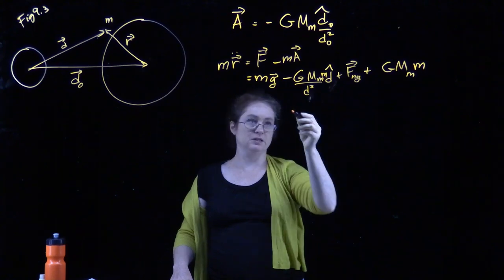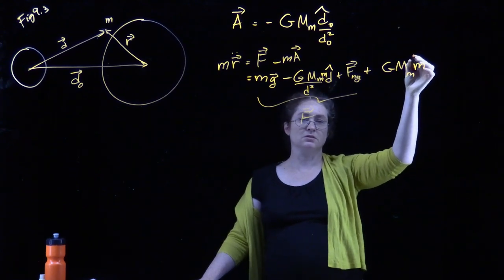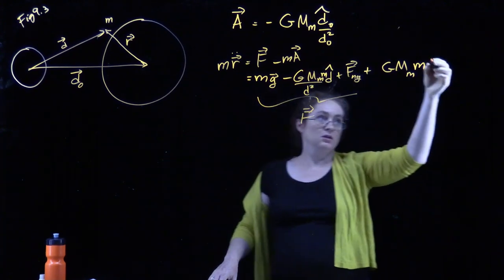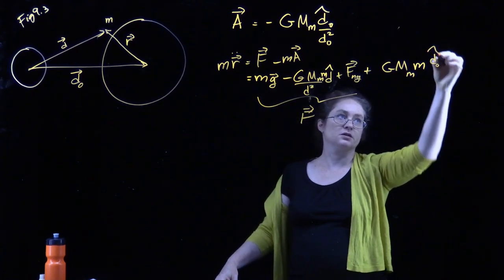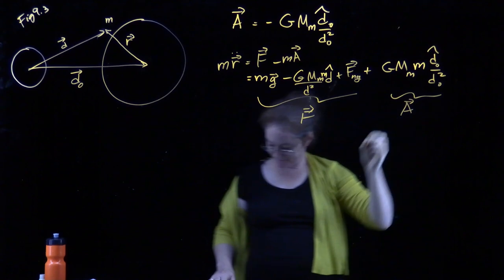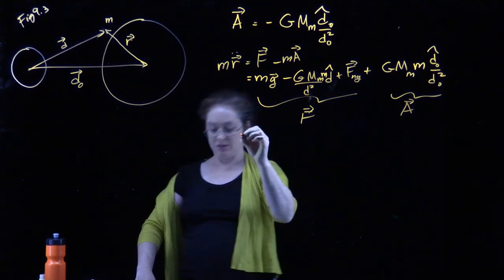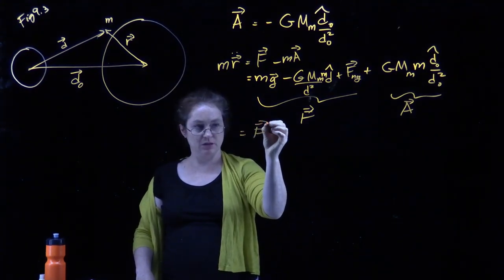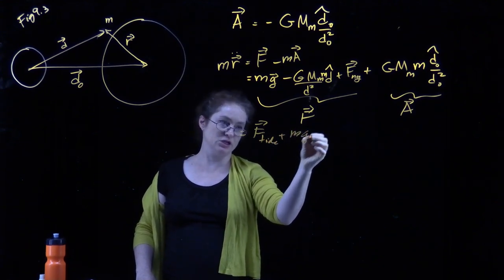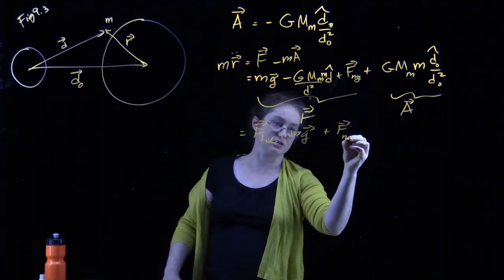And so all of this is our actual F. And this is the acceleration of the coordinate system. So this is A. And then this is equal to the apparent force of the tides plus mg plus whatever non-gravitational forces there are.